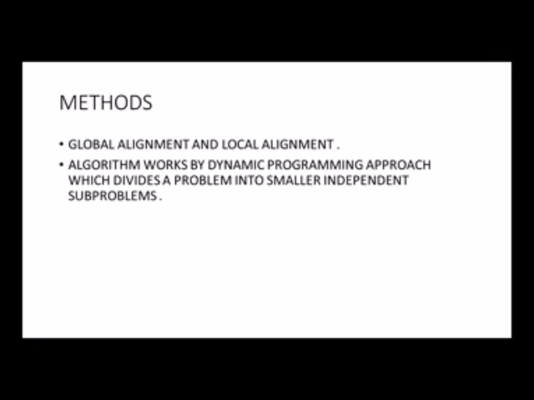Both global alignment and local alignment work based on dynamic programming. This is an approach which divides a problem into smaller subproblems, finding solutions for each subproblem and consolidating them into a single solution.